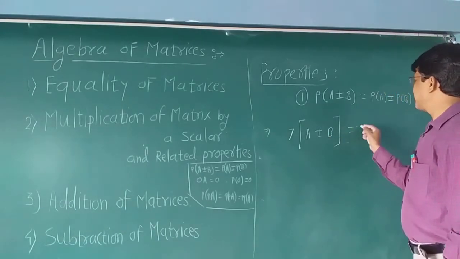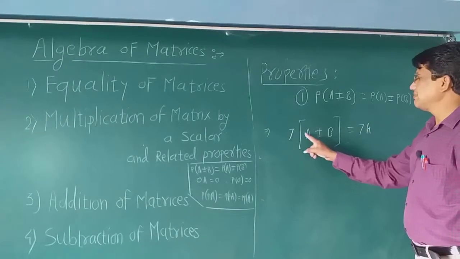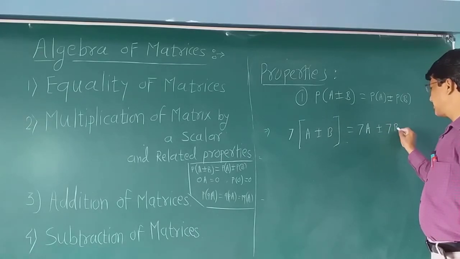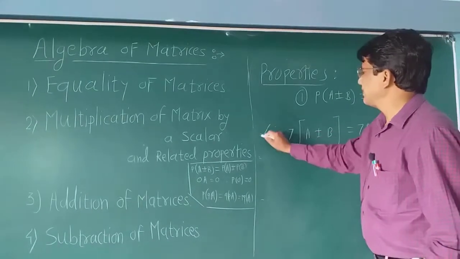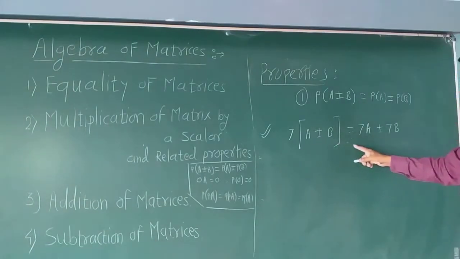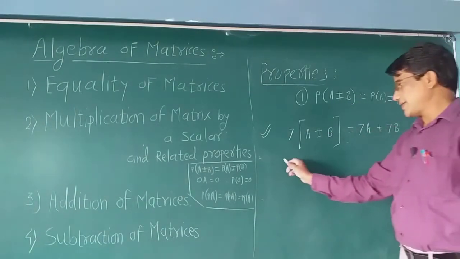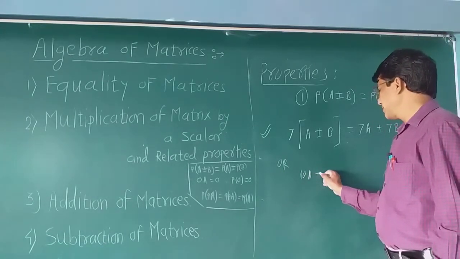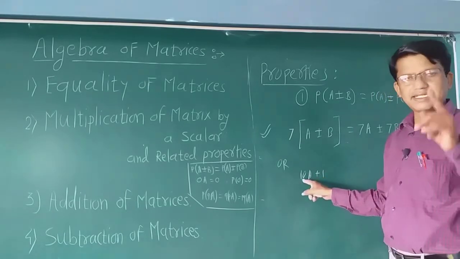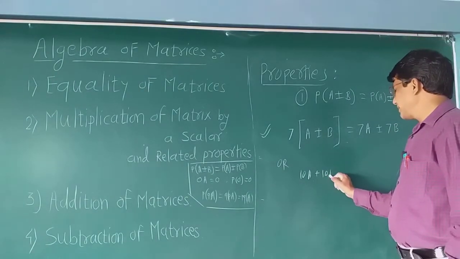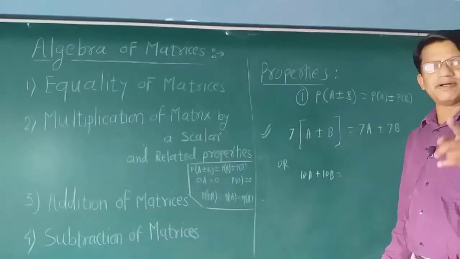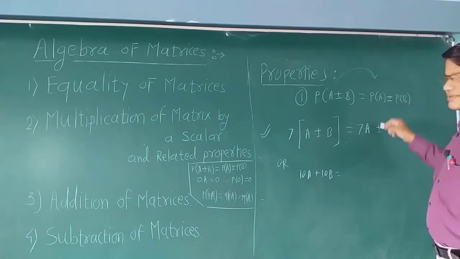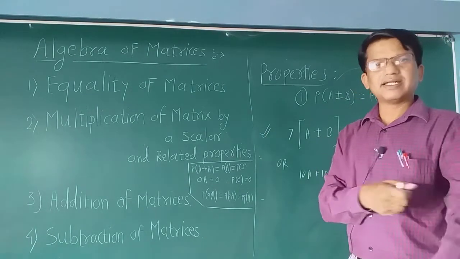Then we can represent it as 7A, 7 multiplied by the first matrix, plus minus 7 multiplied by the second matrix B. This is very easy to understand because this example is based on the above property.